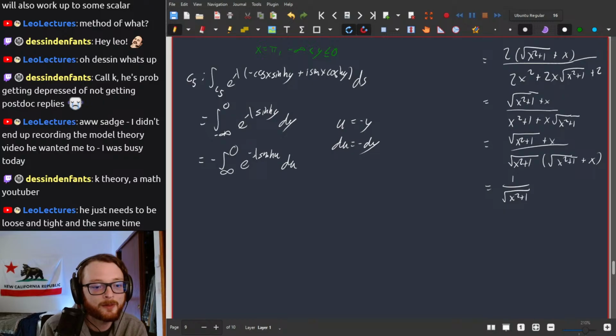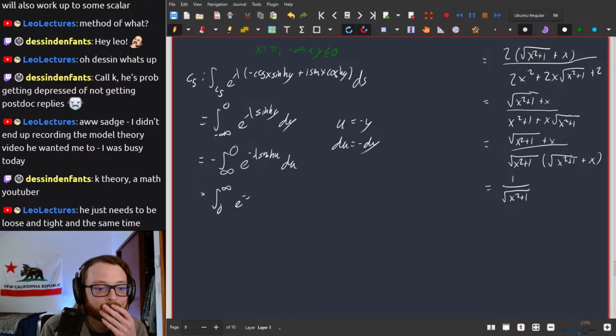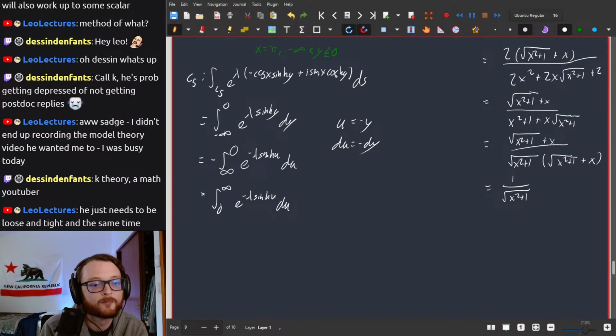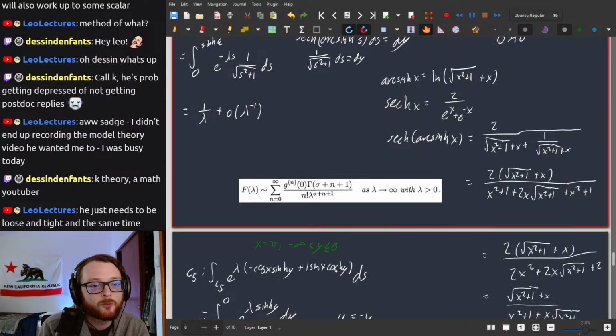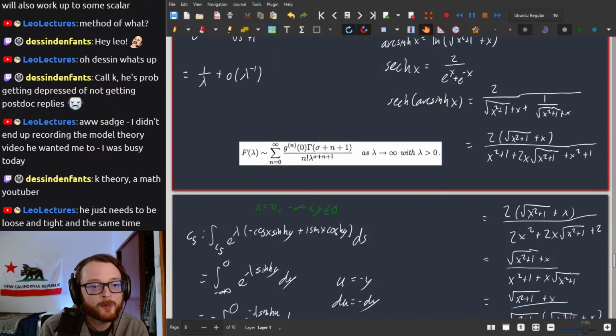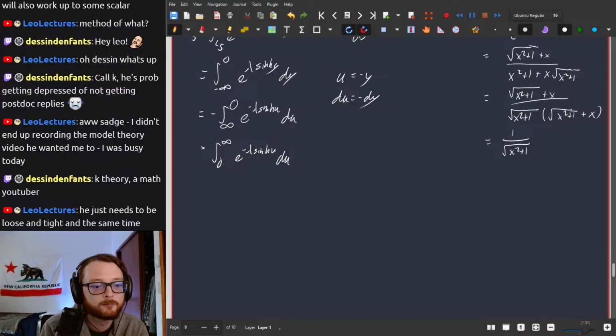So actually, no, I think they won't cancel now that I look at it again, because we have to flip the bounds. So, by the same work as before, 1 over lambda plus something little o of that.